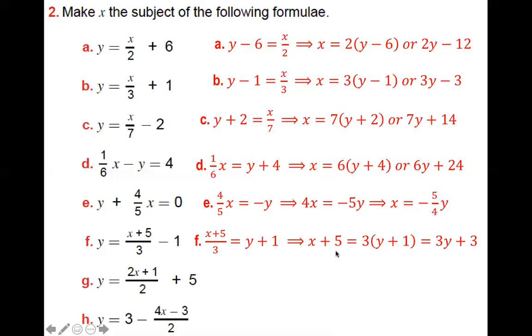That becomes a minus 5. In order to simplify, you get 3y plus 3 minus 5. So that is a mistake here. x plus 5 equals 3y plus 3. And my next step is x equals 3y plus 3 minus 5, which is 3y minus 2.